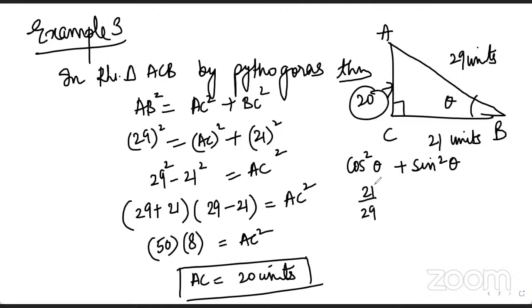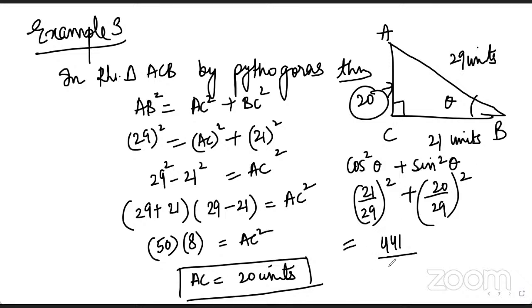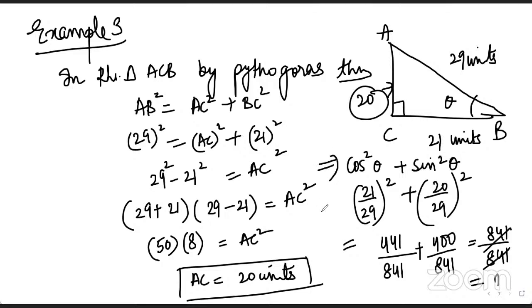So this will be 21 upon 29 whole square plus I have to find sine theta also. Sine is perpendicular upon hypotenuse, it will be 20 upon 29. So this will be 441 upon 841 plus 400 upon 841, which is 841 upon 841. 841 gets cancelled, so you'll get 1. So cos square theta plus sine square theta is equal to 1.